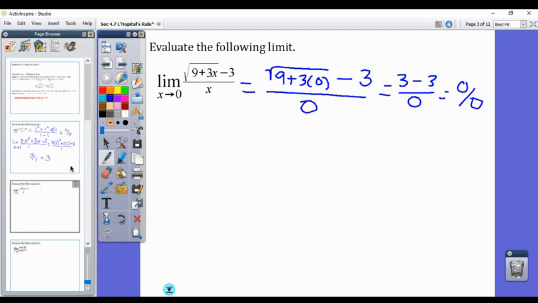All right, so let's go ahead and take the derivative. So in this case, we're going to have a bit of the chain rule, right? So for this part right here.